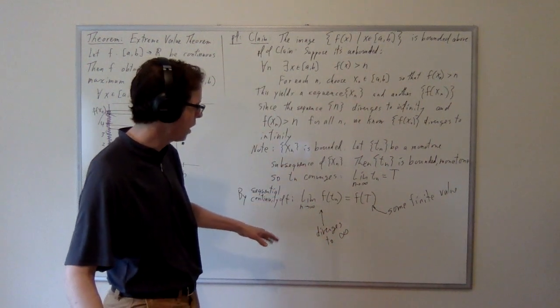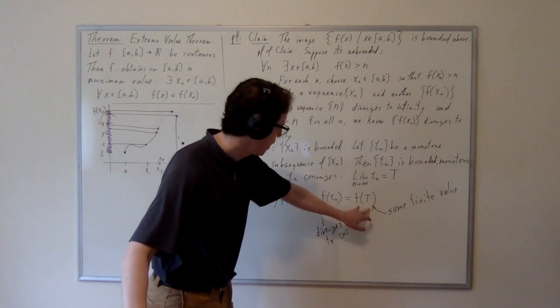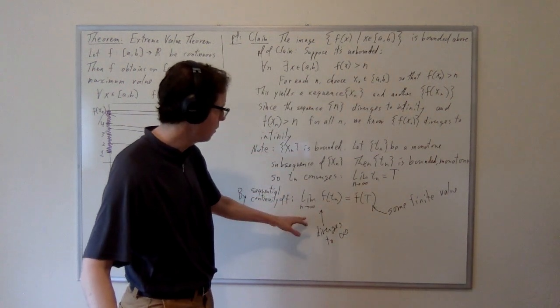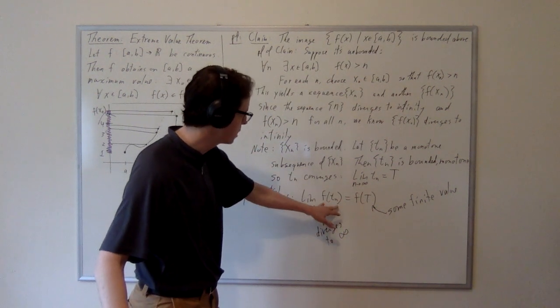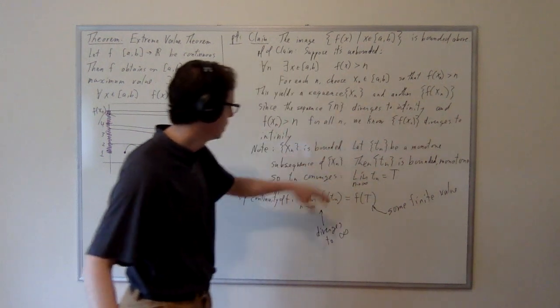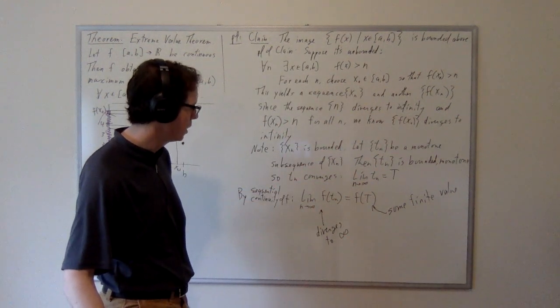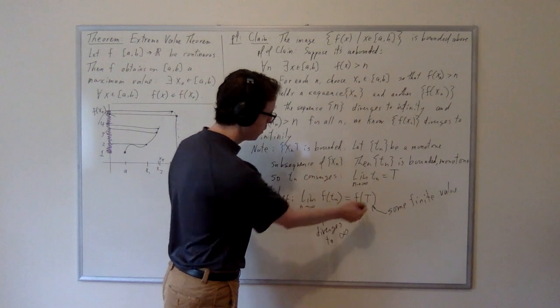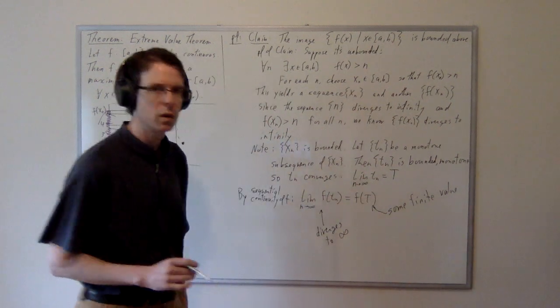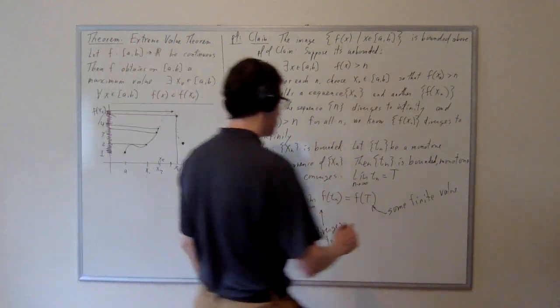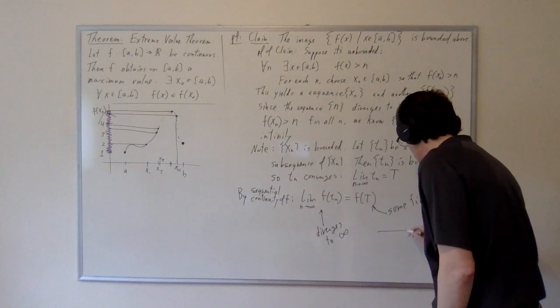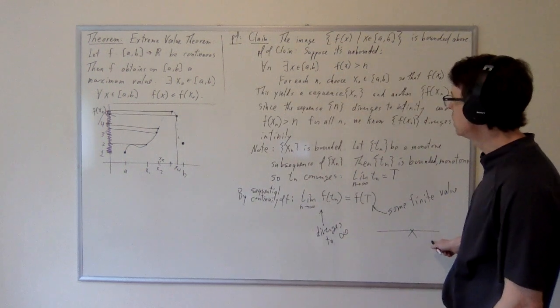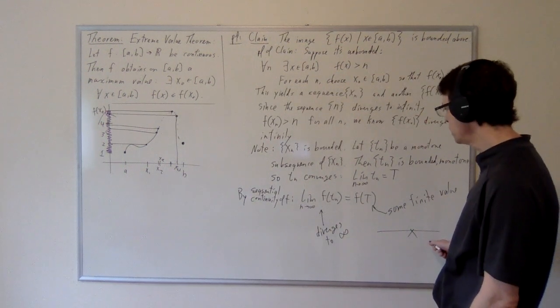That's the sequential continuity of f. But what it gives us is that this is a finite value, and this limit has to be infinite because it's a subsequence of something that we specifically chose to diverge to infinity. So this one is going to be infinite. This one is finite. They're equal. That's no good. That doesn't make any sense. And so this gives us our contradiction, which I'm just going to indicate this way. That's a contradiction.